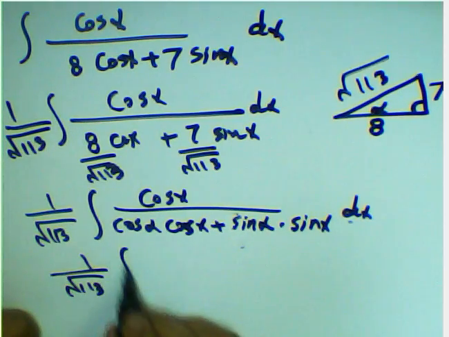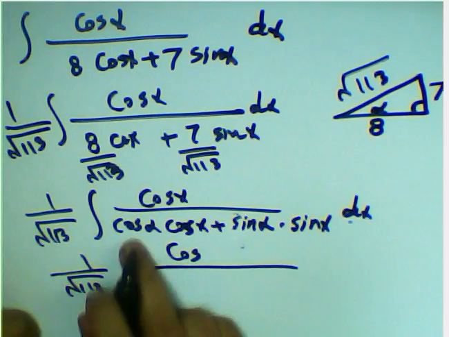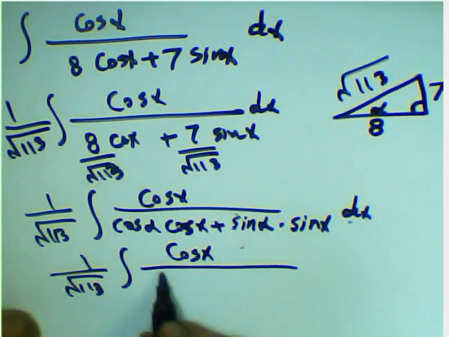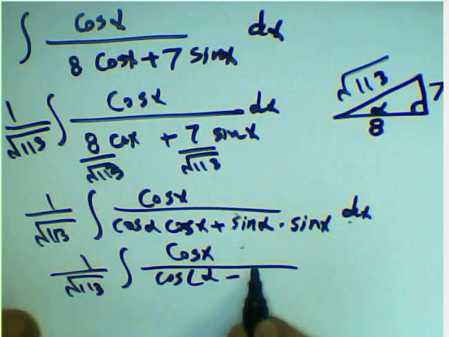And we know the rule: cosine cosine plus sine sine is cosine of the first angle minus the second angle.